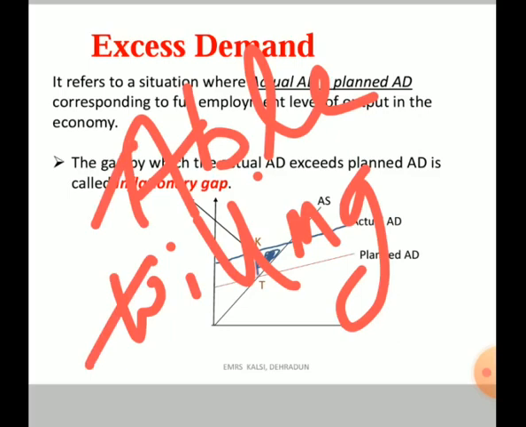There are two conditions which must be fulfilled if we have to say that there is a condition of full employment. First, the people should be able, and the people should be willing. When these two conditions are fulfilled, only then can we say that there is full employment.